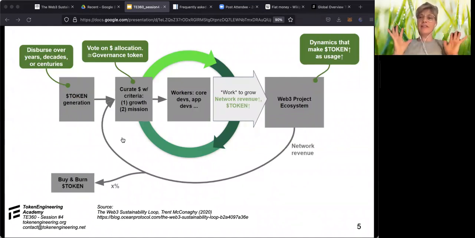Not having the initial mint and then sell, rather disperse over time. Okay, I quote him again. Revenue generation can draw on ideas from Web 1 and Web 2 businesses, but with less extractive rates. Importantly, the token must be designed such that its value rises as usage rises.